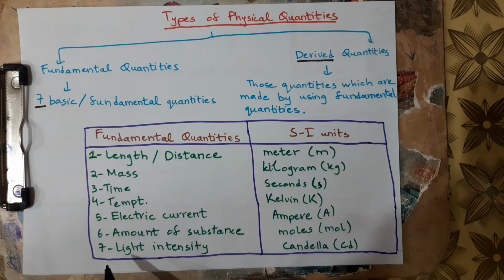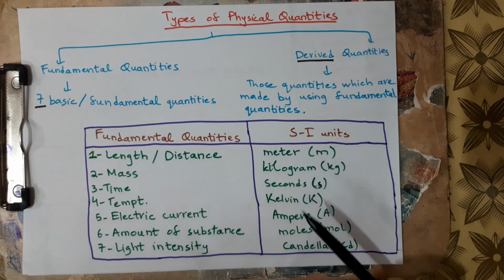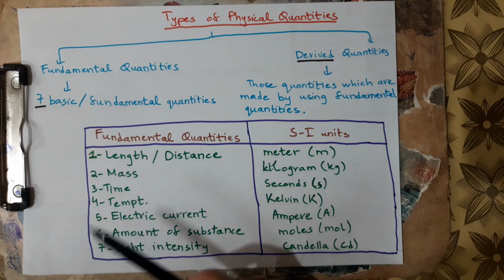And light intensity is the last, and its SI unit is candela, cd symbol. So these you have to memorize along with their SI units. There are 7 fundamental quantities.